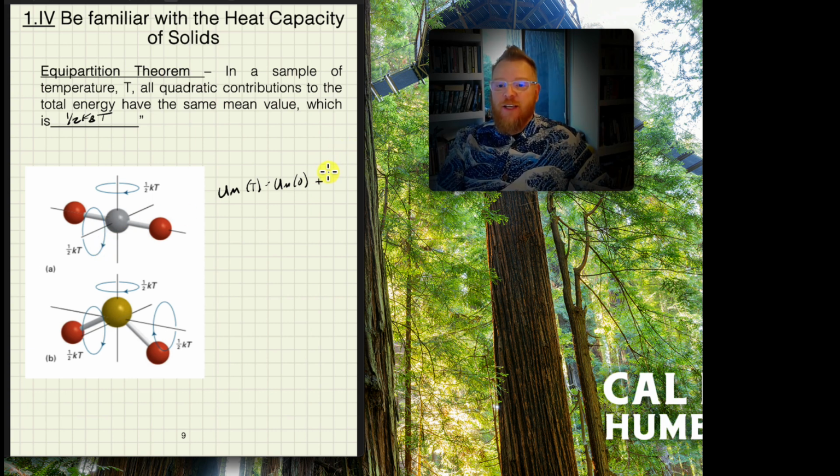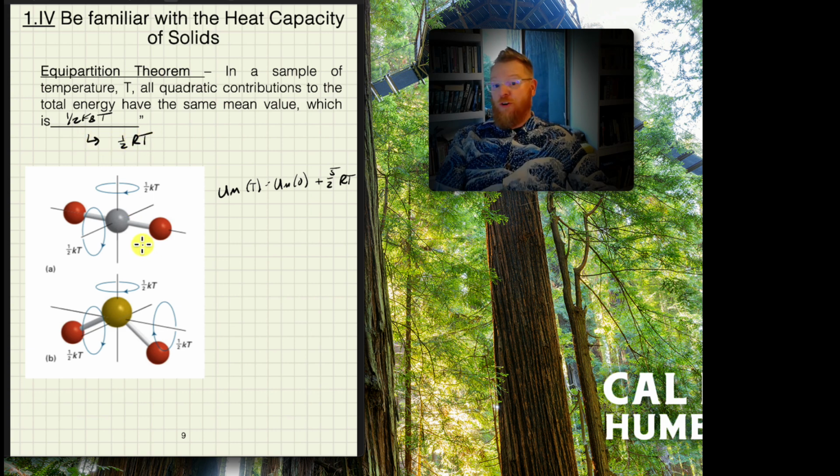So that gives us plus 5/2 kBT. I was about to write RT, but for our molar quantity, I wrote UM, so we'll stick with RT. Remember, for 1 mole, that's 1/2 RT per degree of freedom.